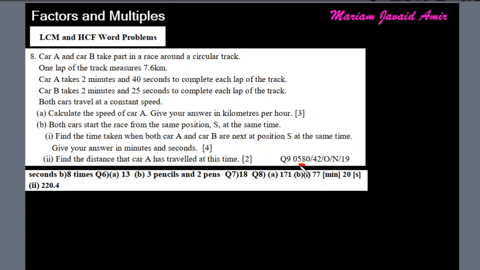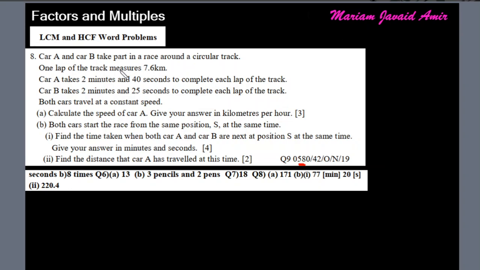So if you're younger than that, I would suggest leaving this question for now if you haven't studied average speeds yet. Alright, so part A is: calculate the speed of car A, give your answer in kilometers per hour.